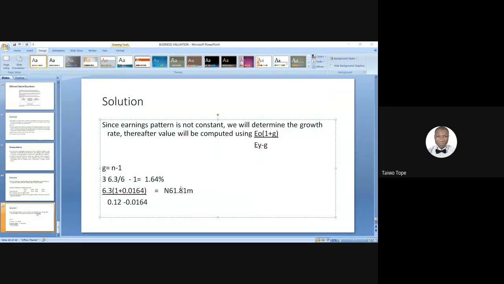Third root, that is 4 minus 1, then the root. All right, I understand now. 6.3 divided by 6. Sorry, I'm not using my other laptop where I can easily bring in the formulas.